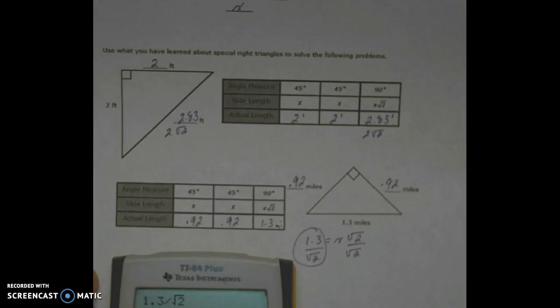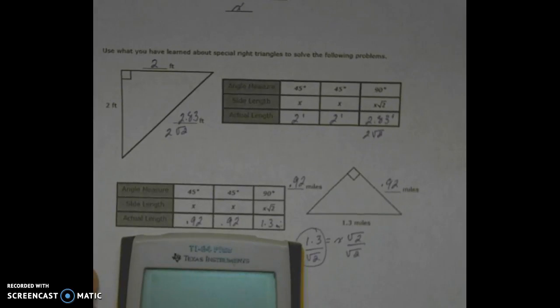So I've determined the actual value. I can double check to see, did I get close to that 1.3 miles? By multiplying 0.92 times the square root of 2, and that's pretty close to the 1.3 miles that they were giving me.